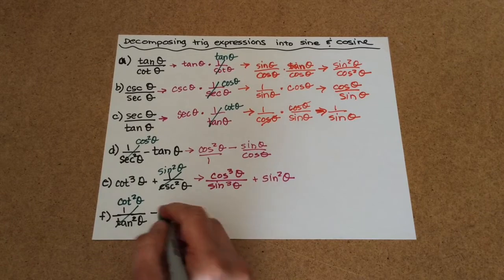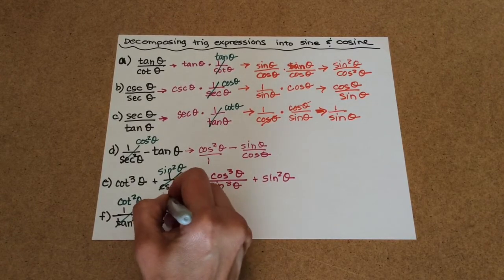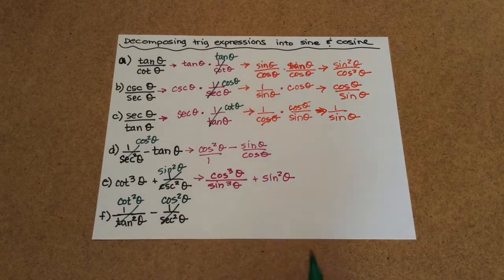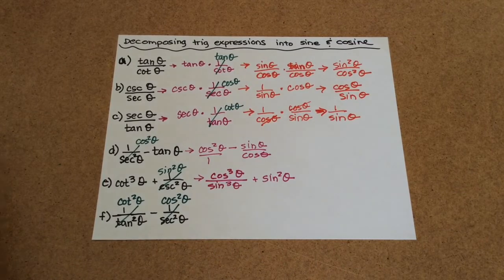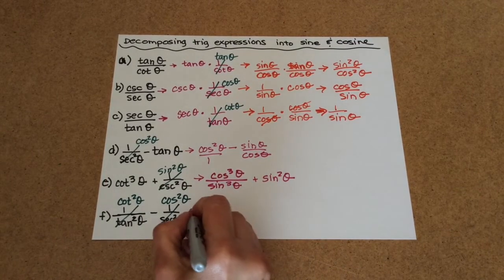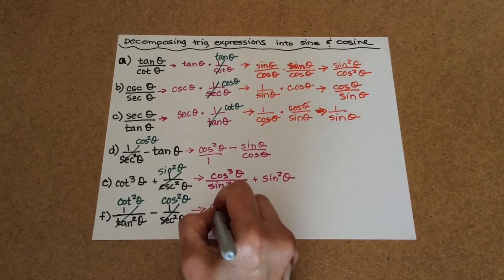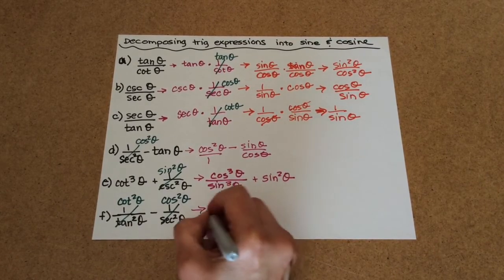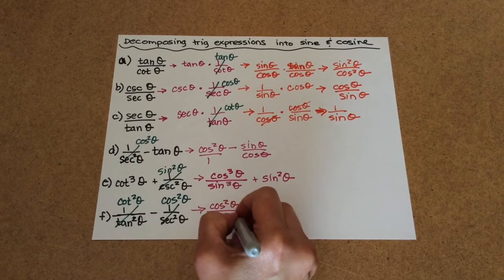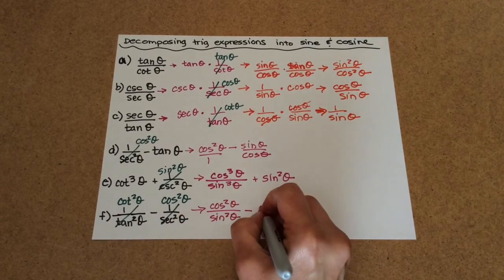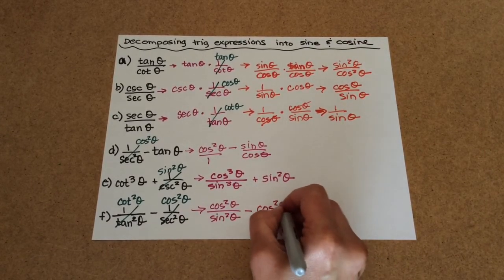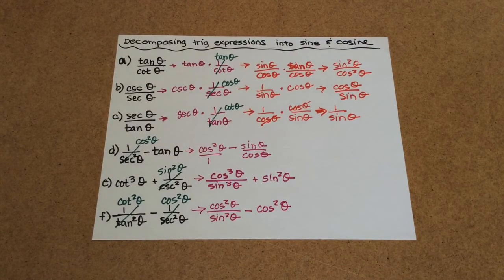Secant is the reciprocal of cosine, so I can replace that with cosine squared theta, and then I can convert into sine and cosine. So moving forward, cotangent squared theta would be cosine squared theta over sine squared theta minus, and we've already converted there, cosine squared theta. And that's just some basics for decomposing.